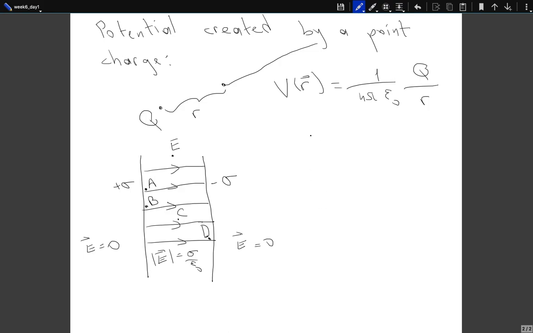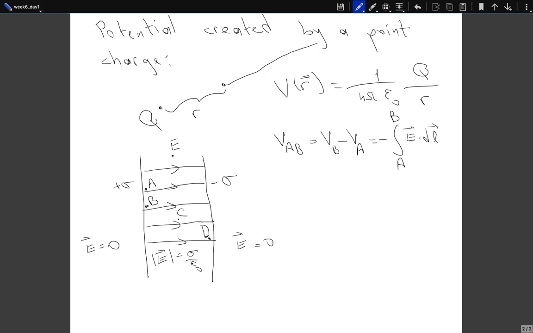Now, let's look at the potential difference between A and B. This is VB minus VA. And from the definition, this is minus the integral of E dot dl from the point A to the point B. Now, what is the direction of E? Of course, I can't evaluate this integral over infinitely many paths. But all those paths should give me the same answer. So I should choose one path, first of all.